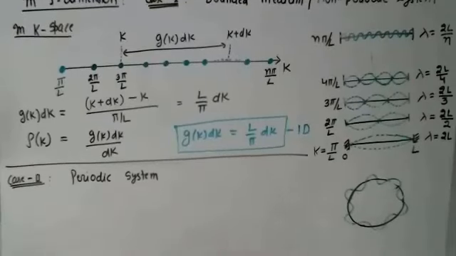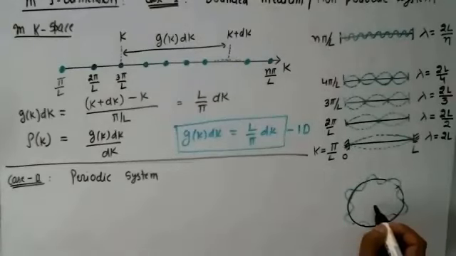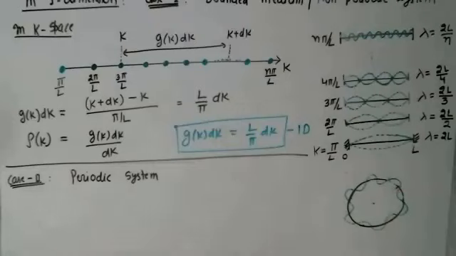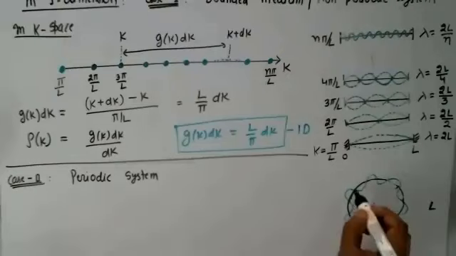Now in such periodic system, let us say that this total perimeter, the total perimeter of this loop is, let us say, L. पूरे का पूरा जो पैरामीटर है L के बराबर है, ठीक है.